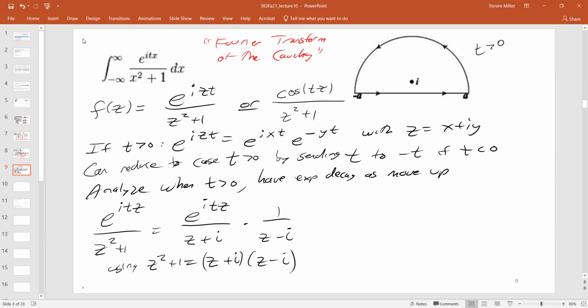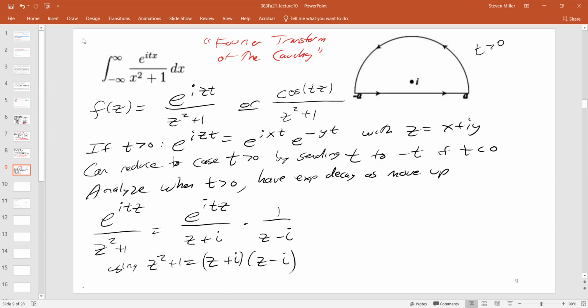There are two poles, at i and negative i, but only one pole is inside the region. The only pole that matters is z equals i, and we just have to figure out the residue.